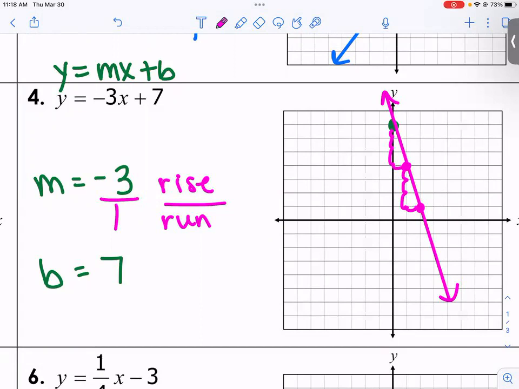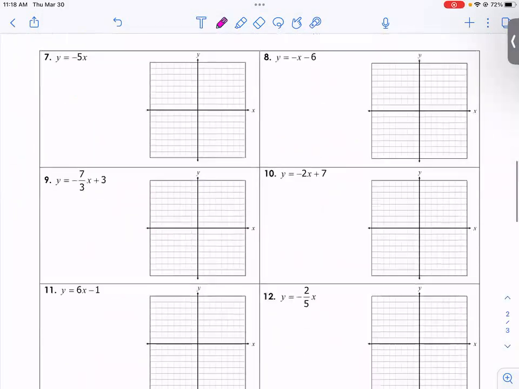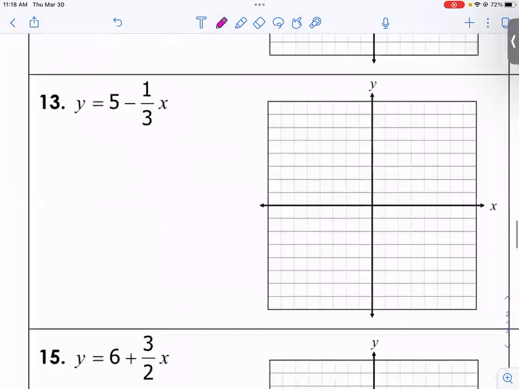Now, every once in a while, I like to throw a curveball. Look at number 13.